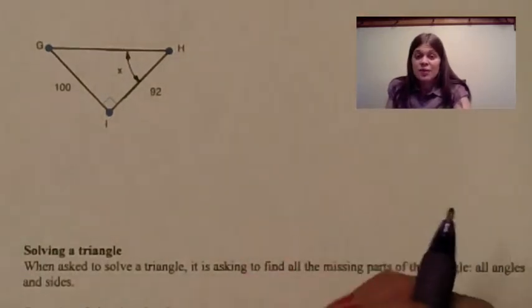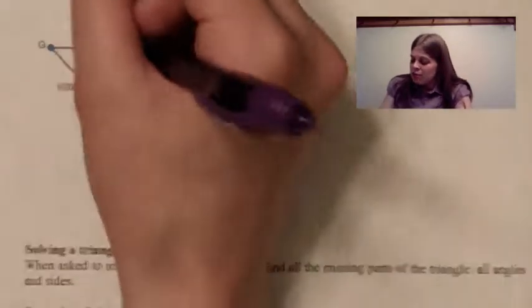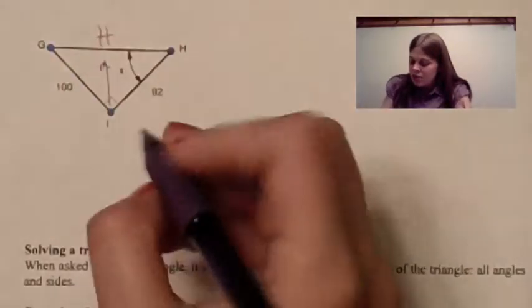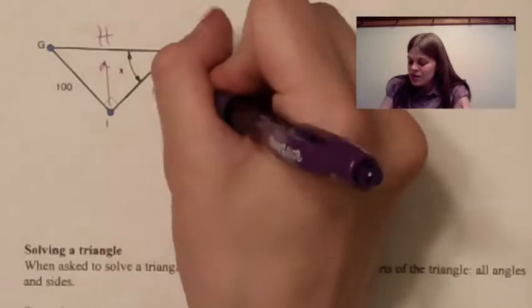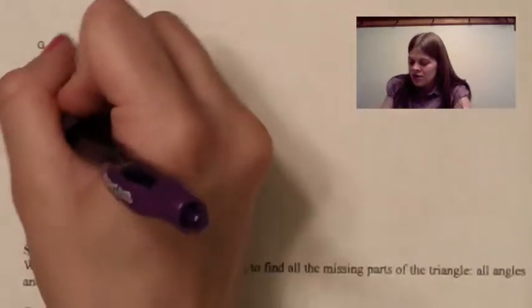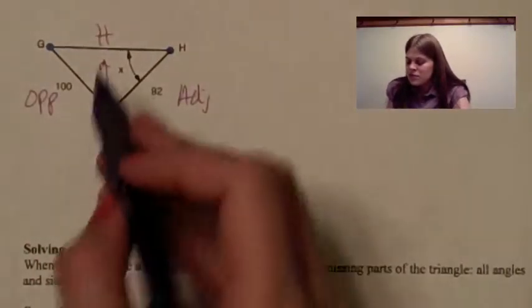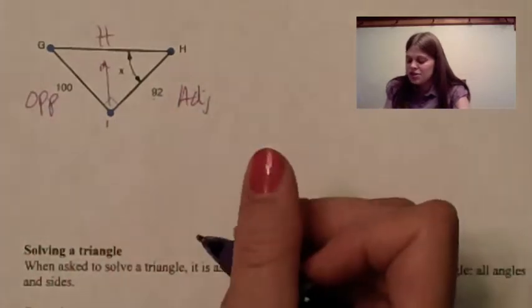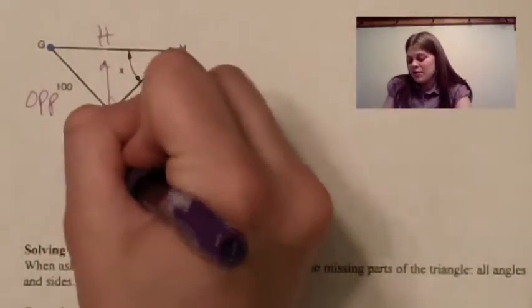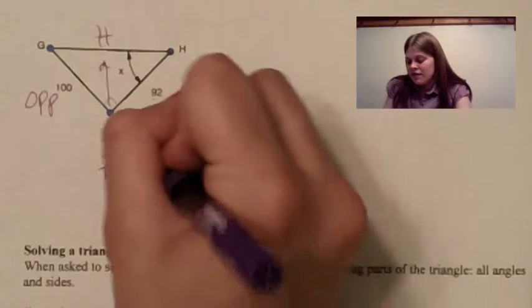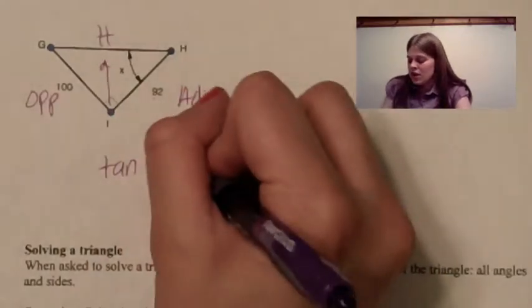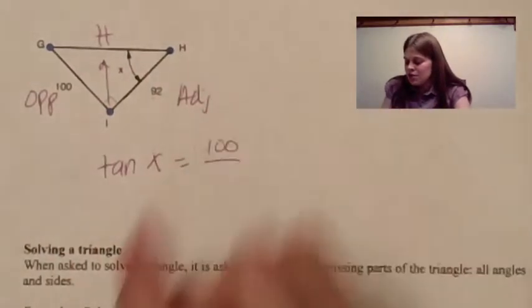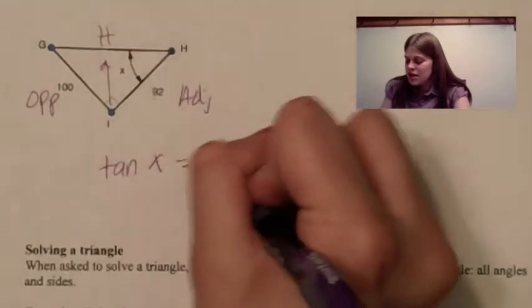Okay, let's see what happened, see how you did. Okay, across from the 90-degree angle is the hypotenuse. Next to it is the adjacent. Across from that is the opposite. So notice I have the opposite and the adjacent. So I'm going to set up the tangent of x equals the opposite, which is 100, over the adjacent, which is 92.